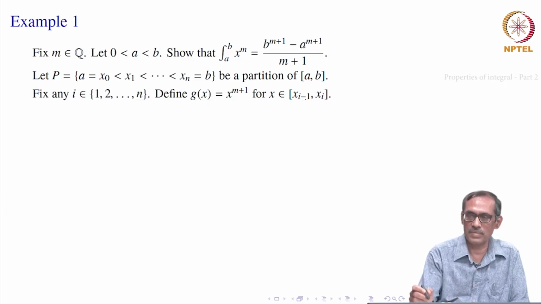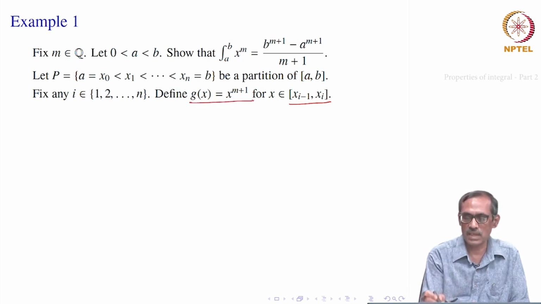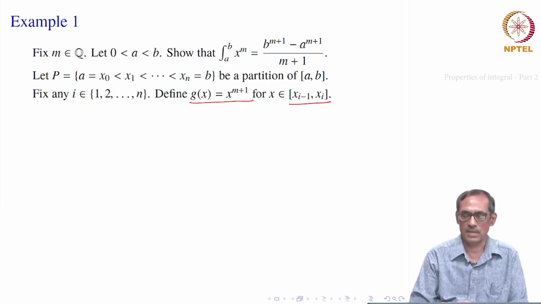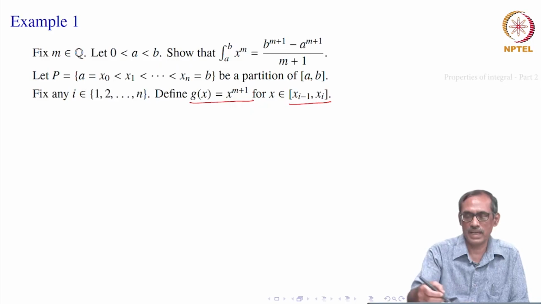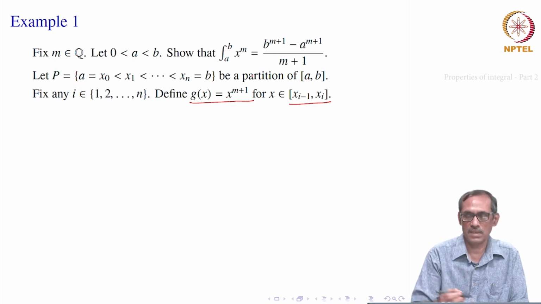That means we are fixing a sub interval x i minus 1 to x i. There, let us define the function g of x equal to x to the power m plus 1. This is a clever way of avoiding how to evaluate the abstract limit of the Riemann sum.